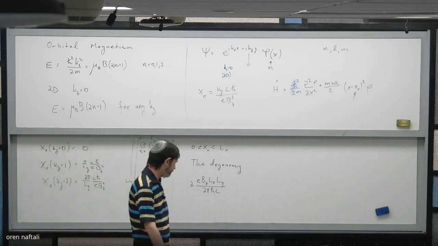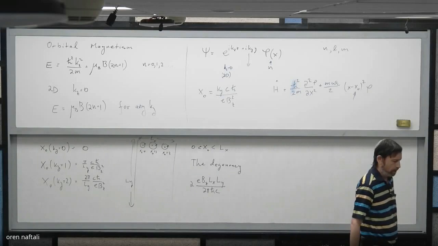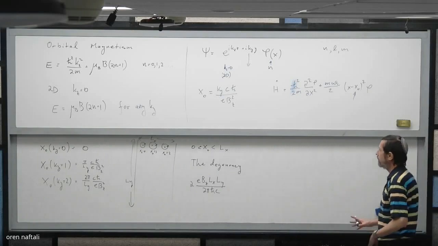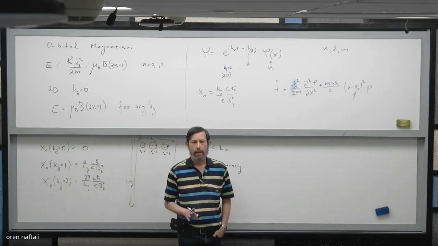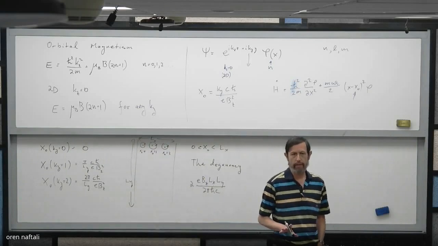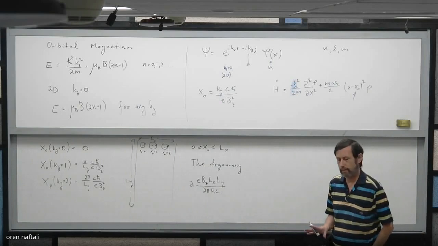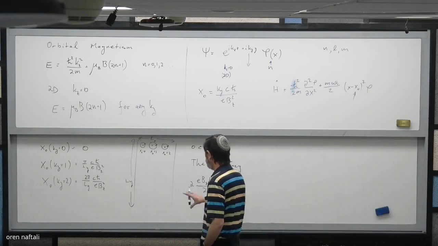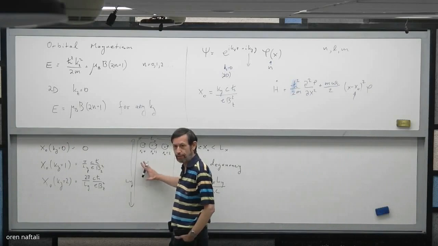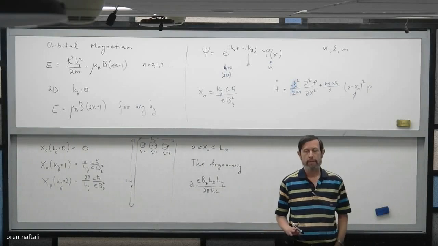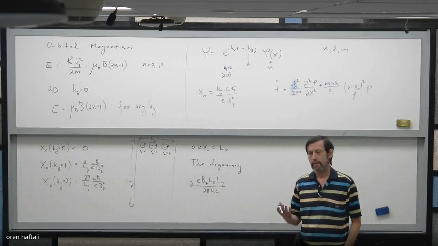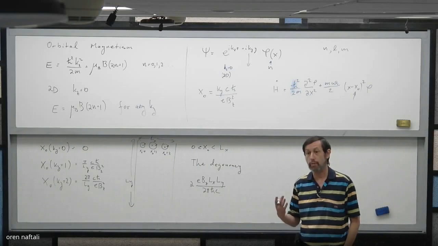Now, actually, this picture helps us to understand a very important property of a two-dimensional system in a magnetic field, and that is that the current in such a two-dimensional system is quantized.